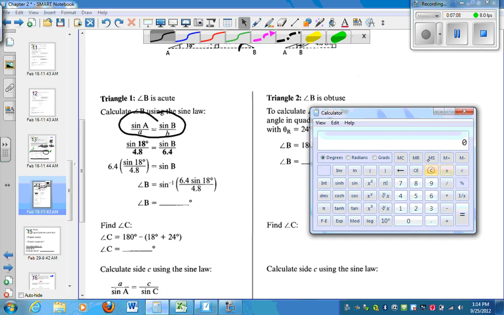Very carefully. In my calculator, I go 18, sine, times 6.4, divided by 4.8. Now I have to inverse sine, and I get 24.3.